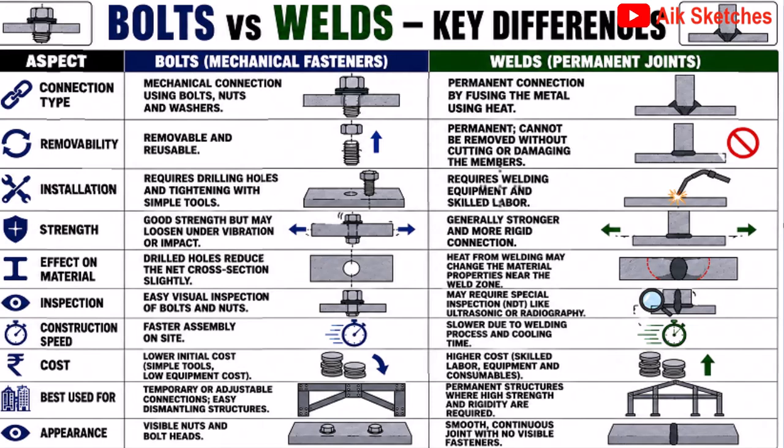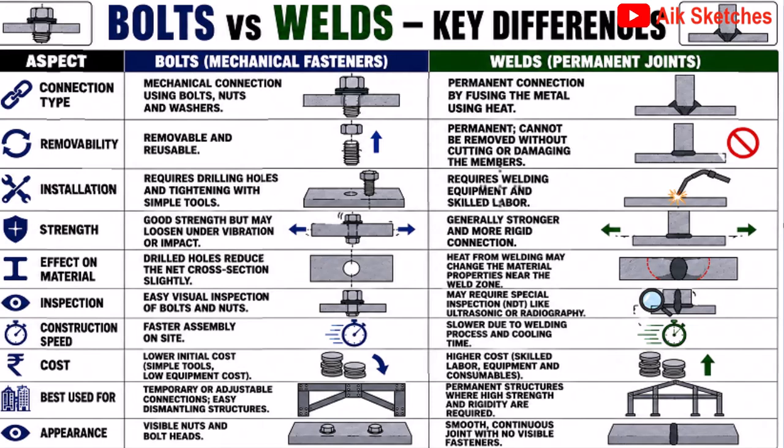Okay, so the next one on our list is cost. For bolted joints, there is a lower initial cost, simple tools, and low equipment cost. So on the overall, bolted joints are cheaper to carry out, while welded joints, which are permanent joints, have higher costs.